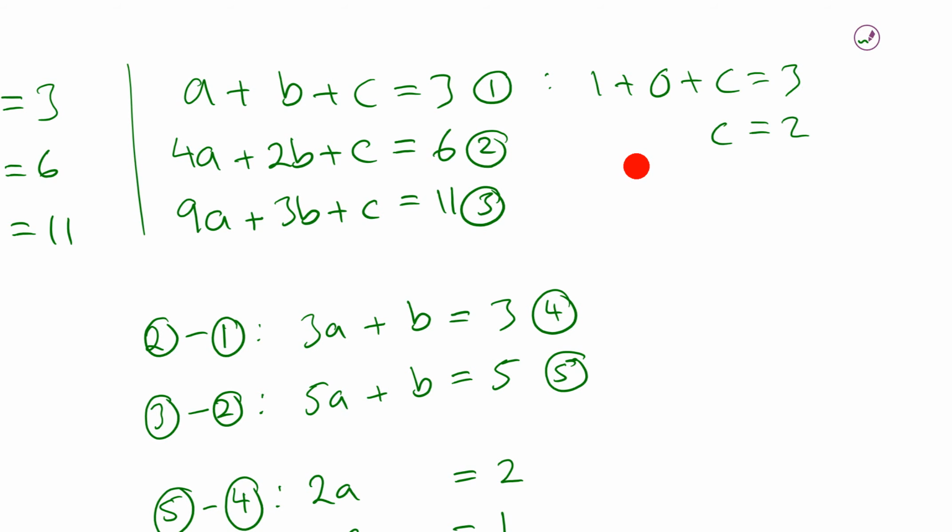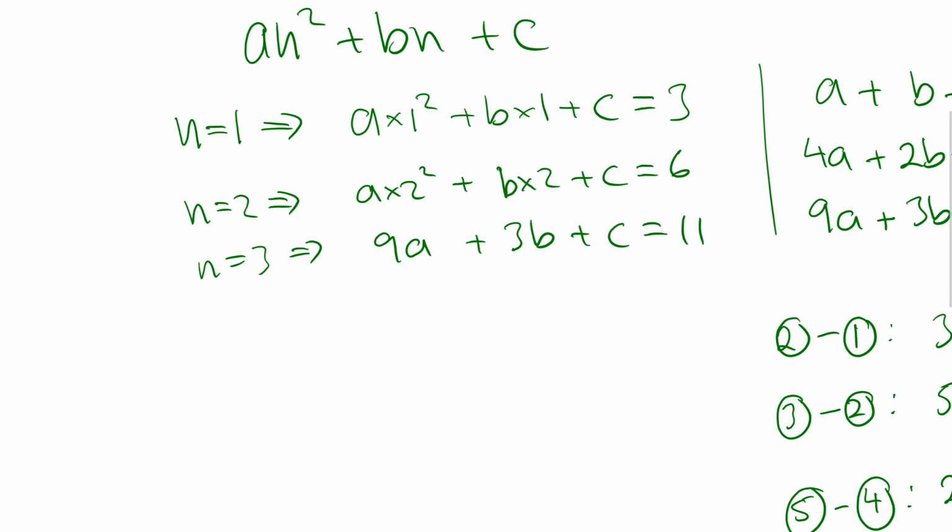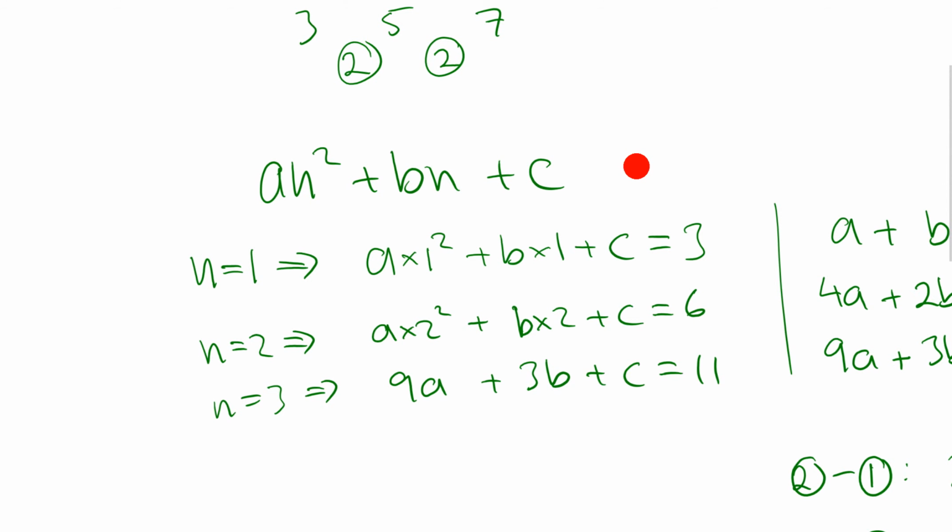So we've got a is 1, b is 0, c is 2. So our equation says 1n squared plus 0n plus 2, or basically n squared plus 2 is the formula.